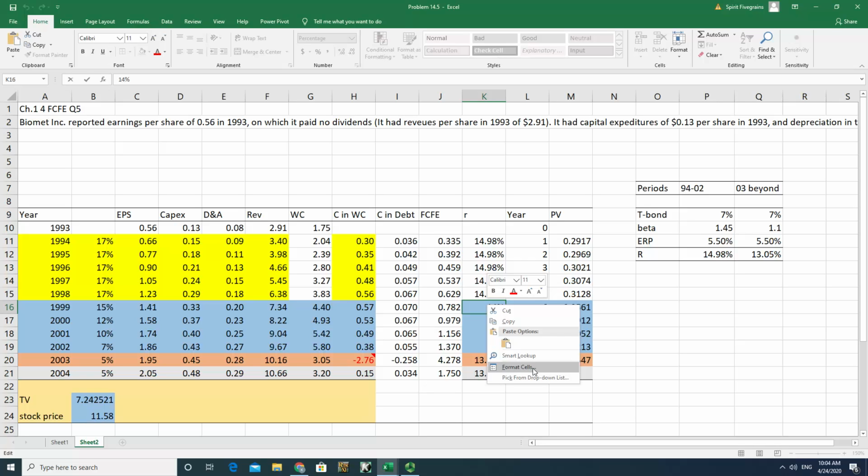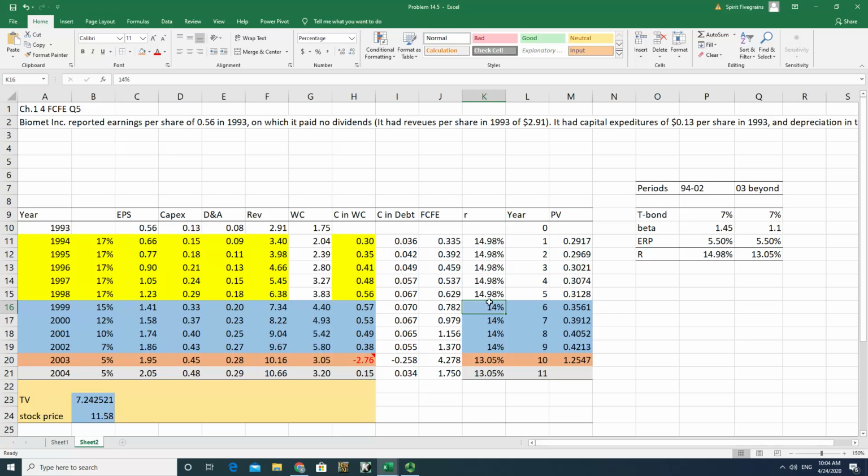You can add assumptions, but make sure you add the assumption in the comment box: assuming lower cost of equity during the linearly declining stage.